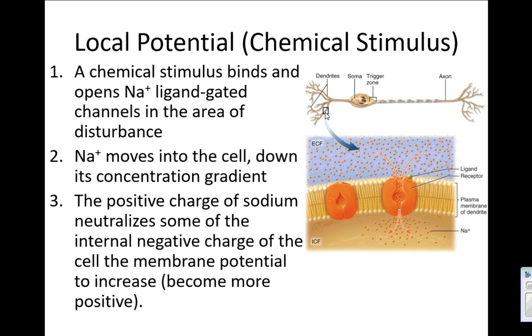And we're going to zoom in at just a small segment of one of those dendrites, and we see that its plasma membrane has ligand-gated channels that bind a certain ligand. We don't care what that chemical is. We'll just call it a chemical stimulus that binds to that sodium ligand-gated channel, allowing sodium to rush in. If sodium rushes in, are we going to become more or less negative?